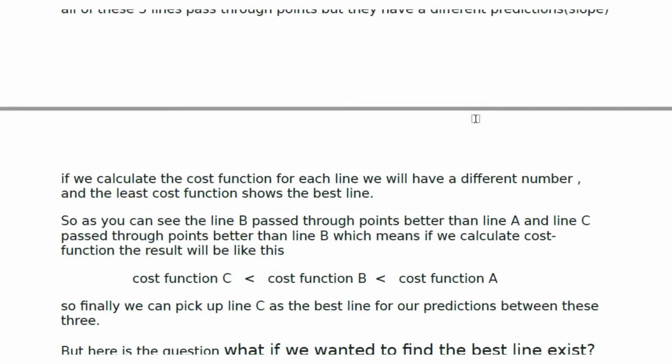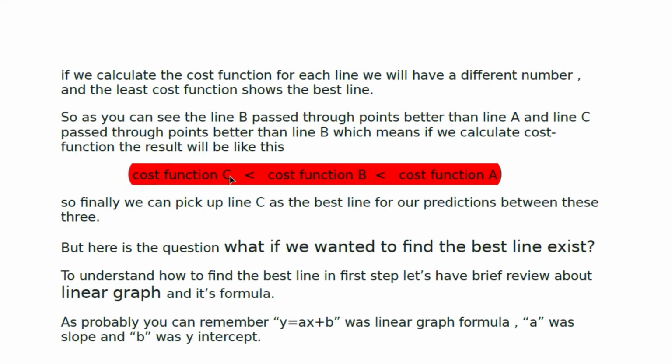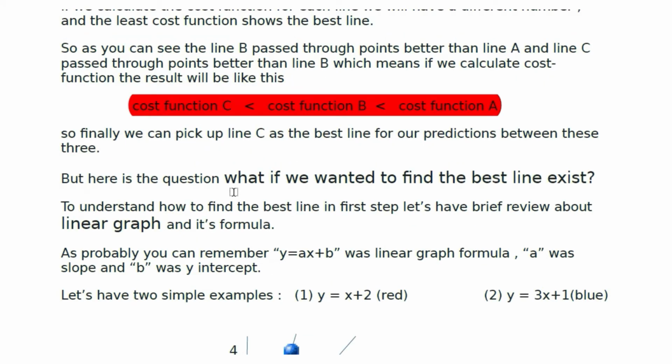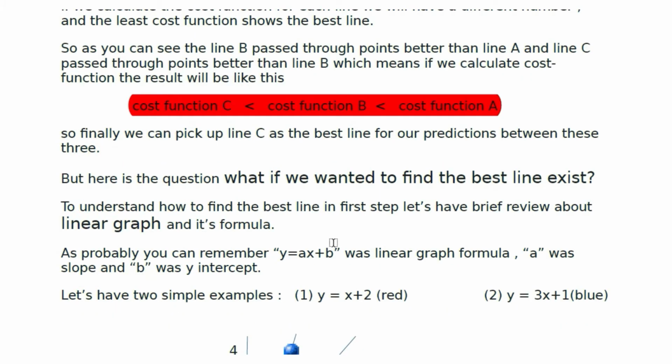So the goal is to find the least cost function. As you can see, cost function of C is the least in these three lines. But what if we want to find the best line exists, not just between three lines, between too many lines?